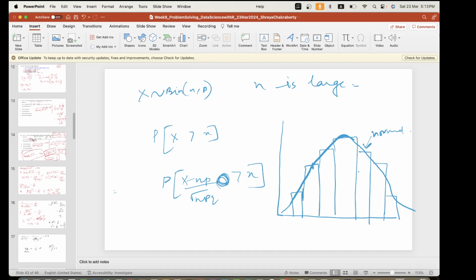Actually, we use it whenever we are doing any sort of approximation of binomial to normal. Okay, I think we use it even if it is greater than or less than, but I am not very sure.